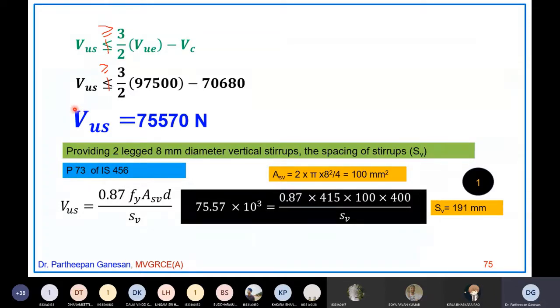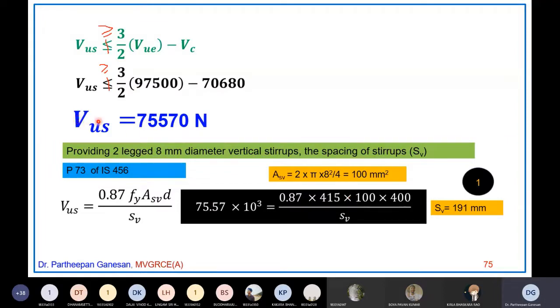What is meant by VUS? Strength of shear reinforcement. Shear force to be resisted by the shear reinforcement. How much shear should the shear reinforcement resist? Shear reinforcement should resist 75.57 kilonewton. Suppose here instead of 190, if you put 200, because this SV is in the denominator, this value is going to be less than 75.57.